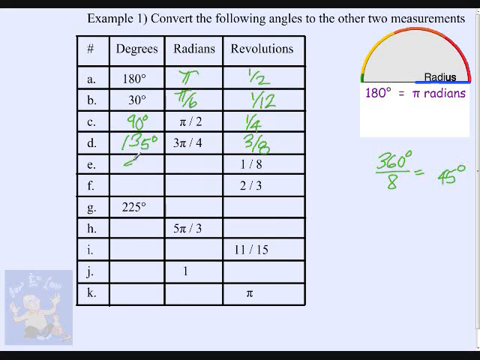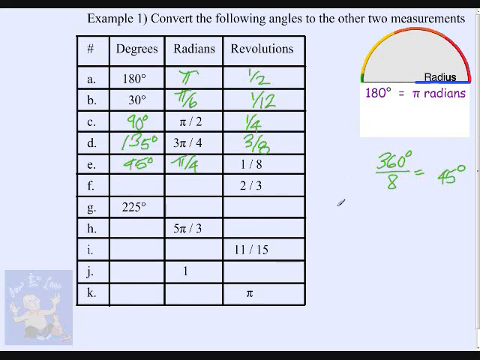So we've got 45 degrees, and 45 degrees is 1/2 of a right angle, so it's 1/4 of pi radians, right? So it'll be pi divided by 4.